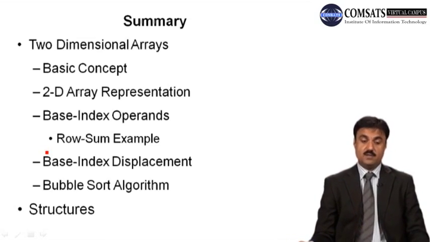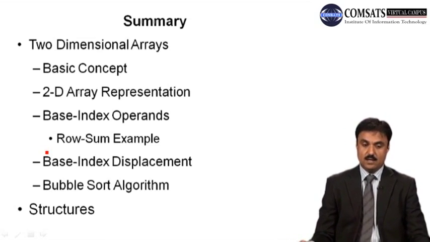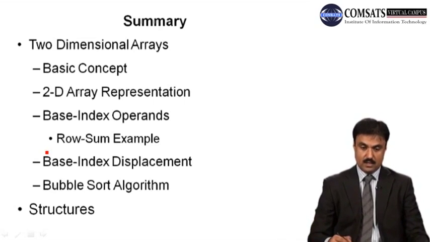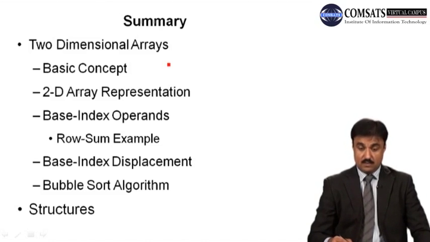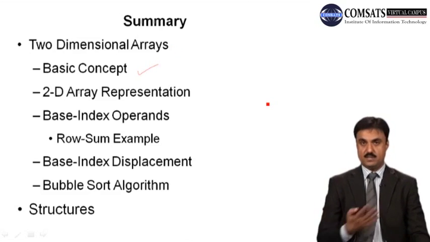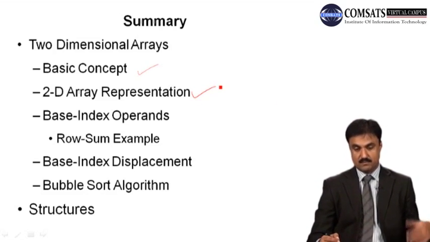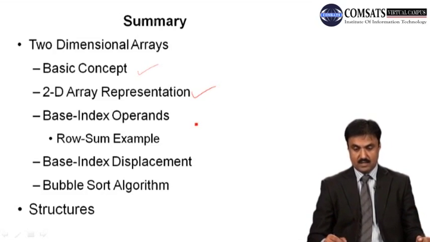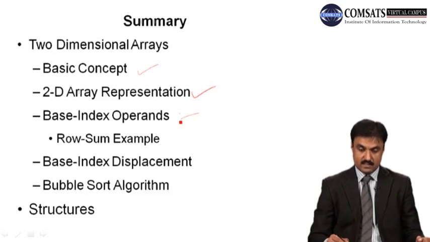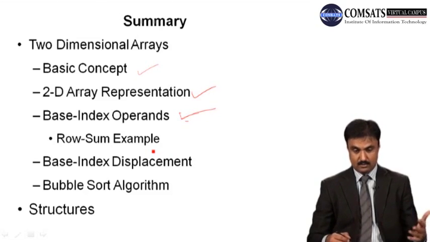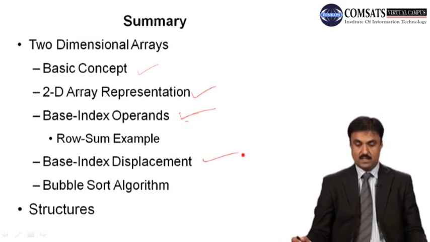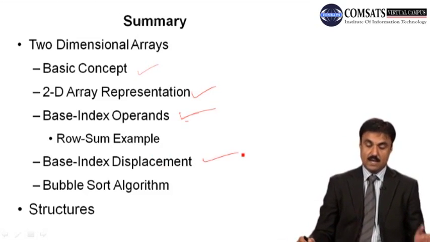So now we will summarize what we discussed in this lecture. First, we discussed two-dimensional arrays: the basic concept, row-major order and column-major order, how we can represent two-dimensional arrays in row-major and column-major order, then base-index operands to access the elements of a two-dimensional array, and then the base-index-displacement method to access the elements of an array.